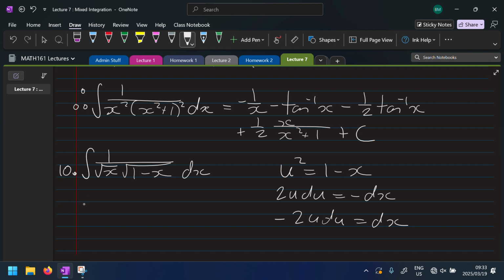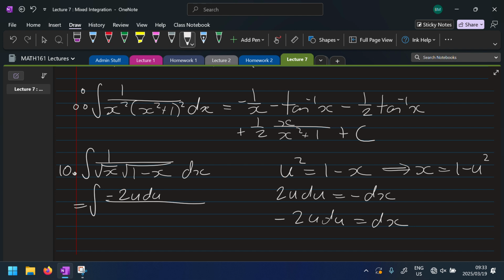Let's substitute now. So this is going to be the integral. The top bit, the dx, we've got that as minus 2u du. Okay, what about the bottom stuff? Root x, what's that going to be? If we look on the side there, we can solve for x. So x is going to be 1 minus u squared.